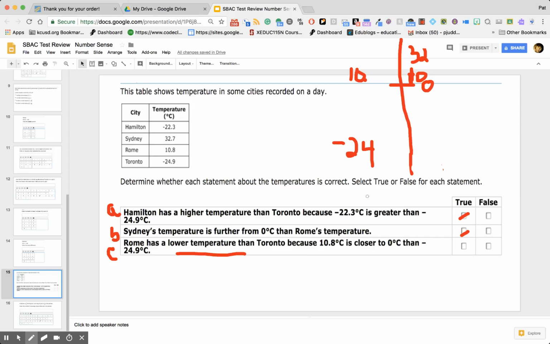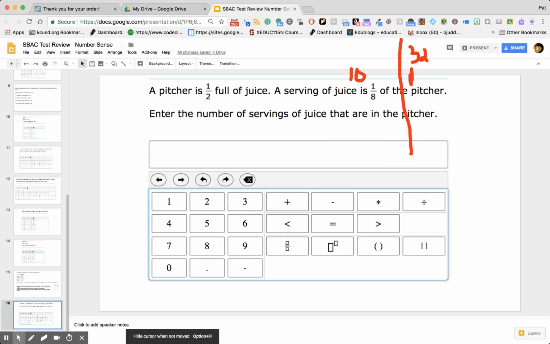Okay, so this is above 0, this is below 0. That is not a true statement. And I should have also erased the last one that we have here.